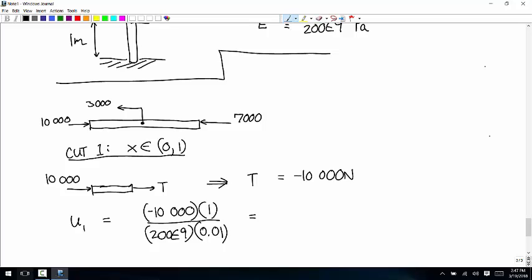And you get a value of 3. Nope, that's the other one. Negative 5 times 10 to the minus 6.